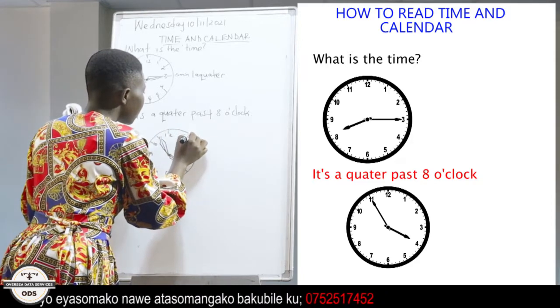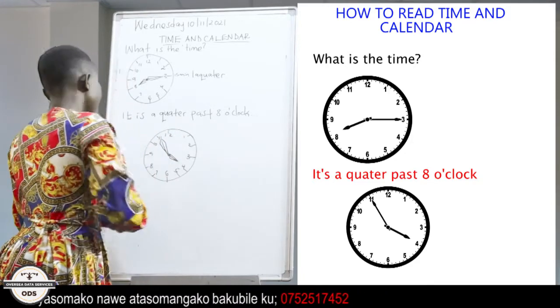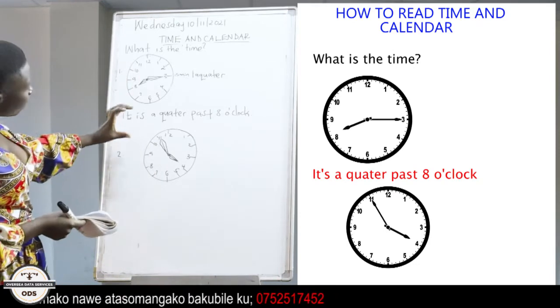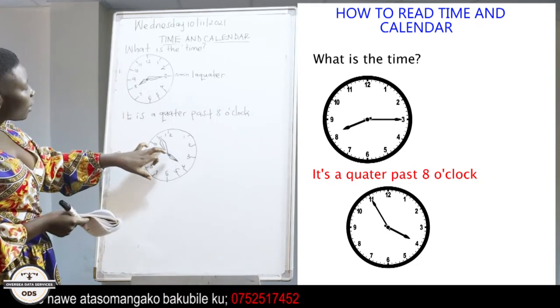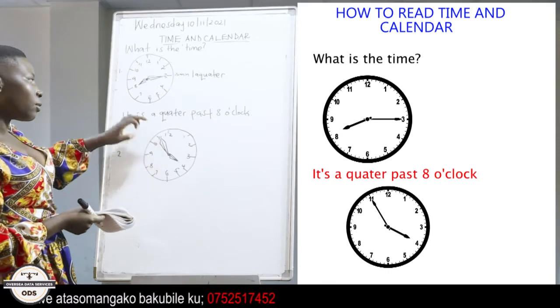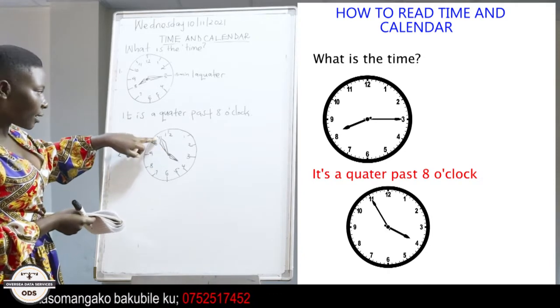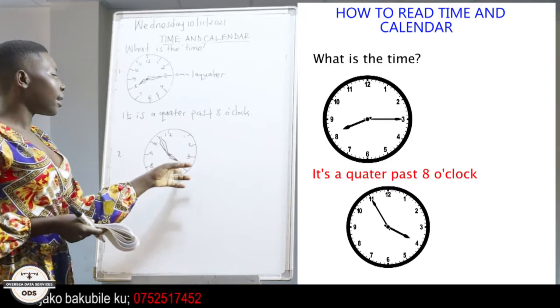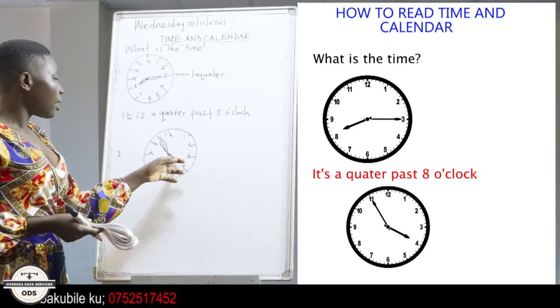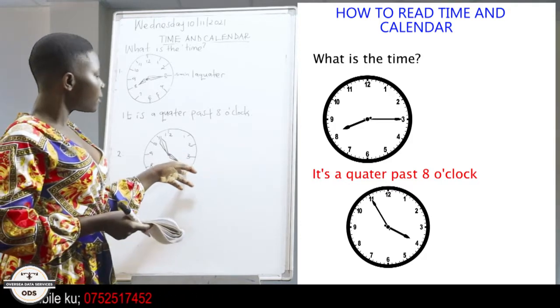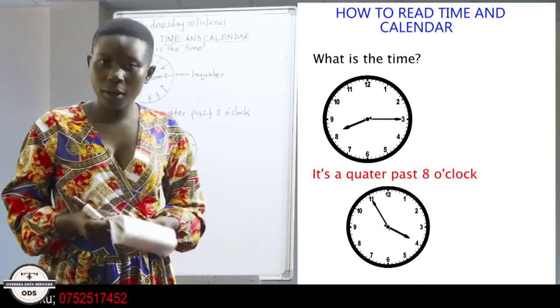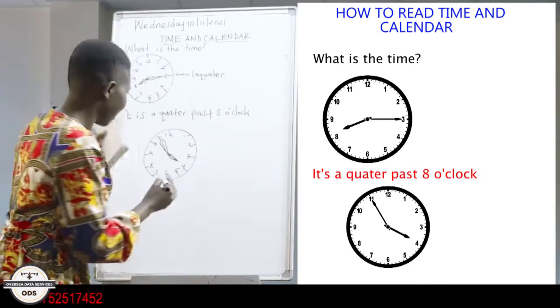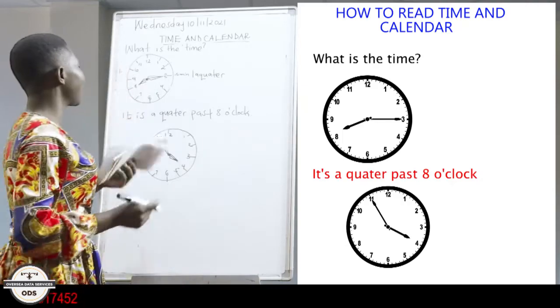See? Number 2 here. And the minute hand, you're seeing it pointing at 11. Not so? Yes. Then our hour hand is pointing at 4 exactly, as you're seeing it here.